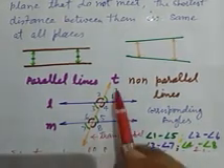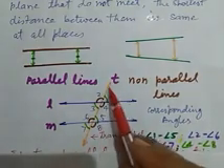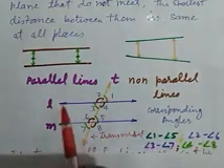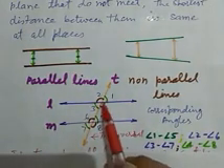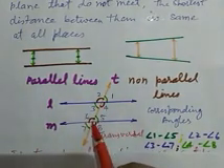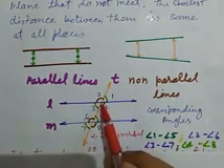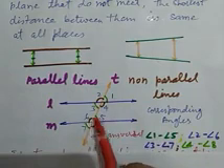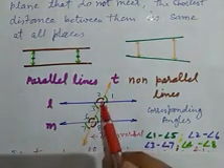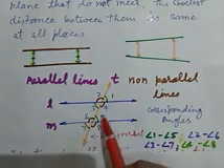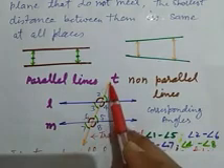What is the meaning of transversal? Transversal means a line intersecting two different lines at two or more distinct places. The points of intersection must be distinct, that is, different. Here this point is different and this point is different. That's why this line is a transversal line.